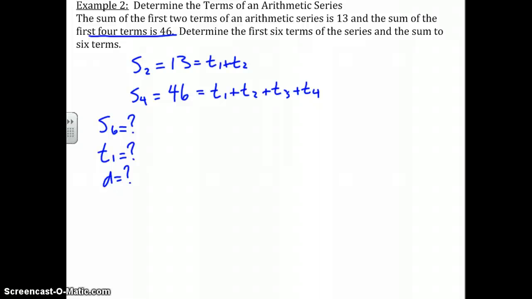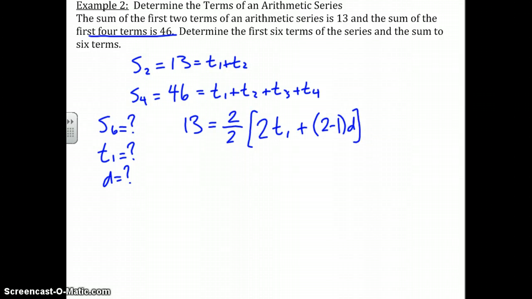So we know that the sum of the first two terms is 13. If we use the formula for that, the n value is 2. So it'd be 2 over 2, bracket, 2 times, well, we don't know T1, so T1 plus n minus 1, well, that's 2 minus 1, times D, again, we don't know.